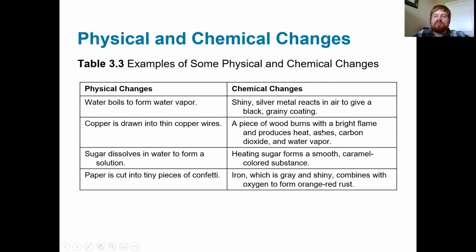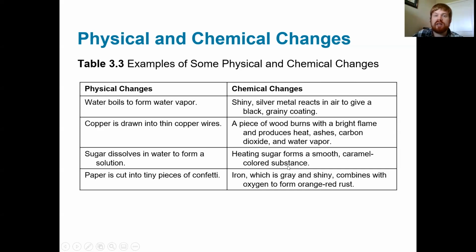A piece of wood burns with a bright flame and produces heat, ashes, carbon dioxide, and water vapor. So it's like your beach bonfire. You start with firewood, that wood burns away, right? And you get all of these products: ashes, carbon dioxide, and water vapor. Chemical change. You started with wood molecules, and you ended up with molecules of carbon dioxide, water vapor, and whatever is in the ashes.